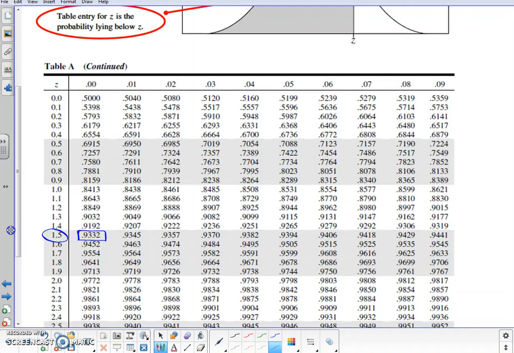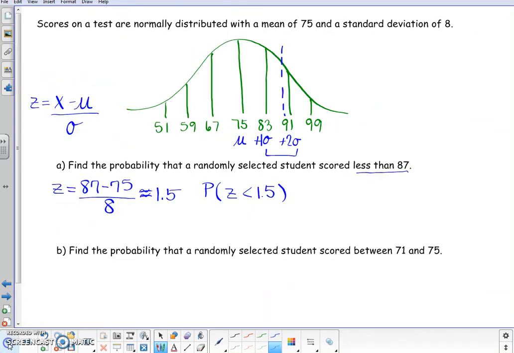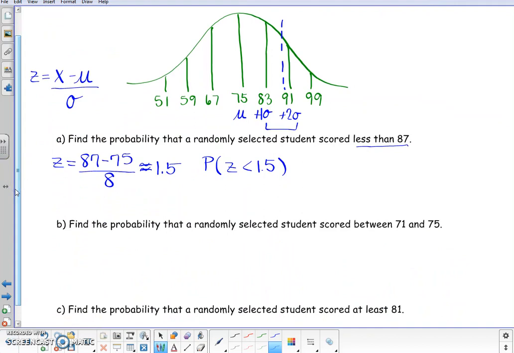So we have 1.5, the second decimal 0, that gives us 0.9332. Okay? And your z-score always comes out as the probability less than that number. Always, the probability is to the left. So 0.9332.